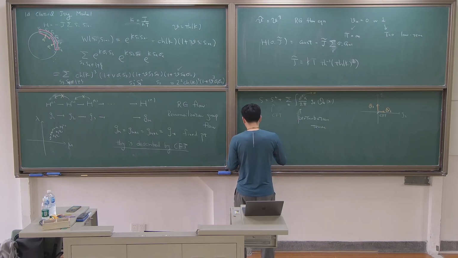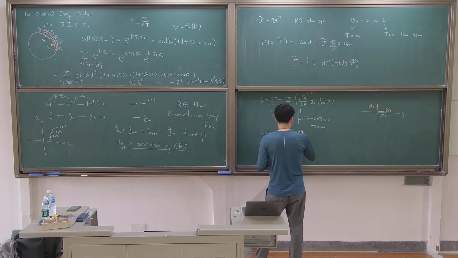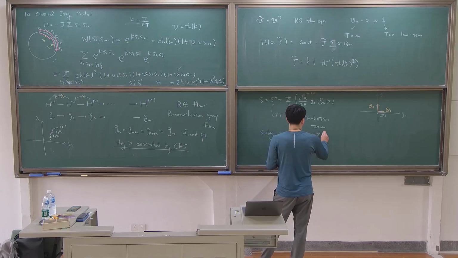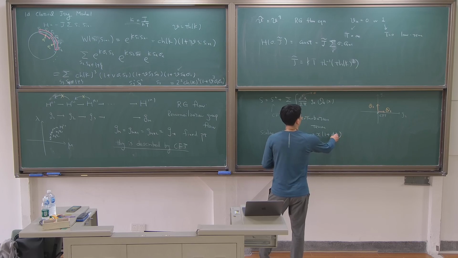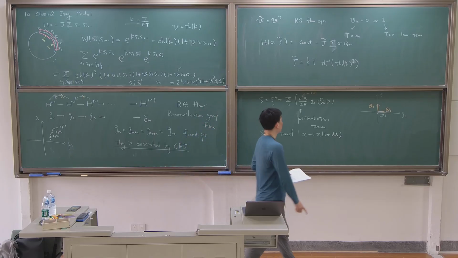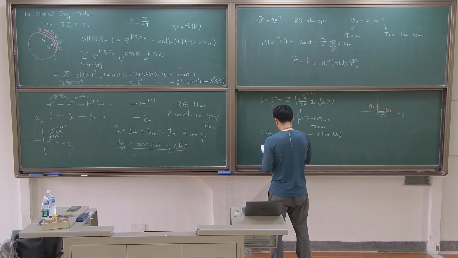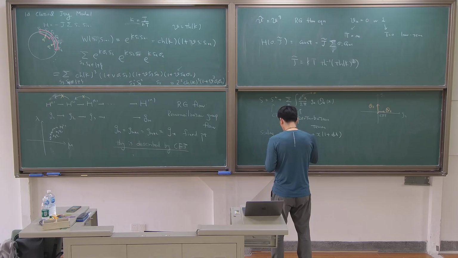Suppose the scaling transformation d lambda. So this is the scaling transformation. Then this action transforms this way.